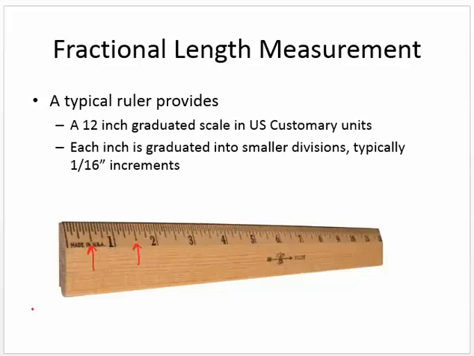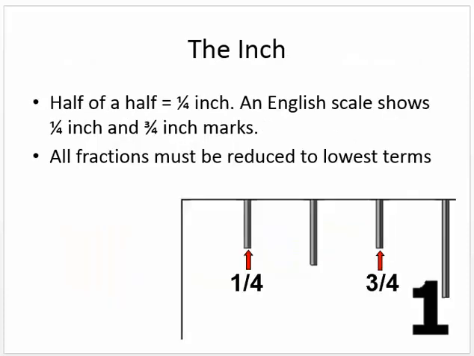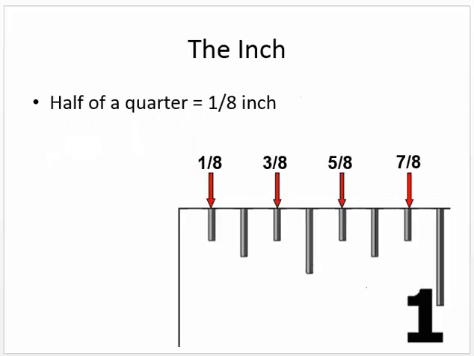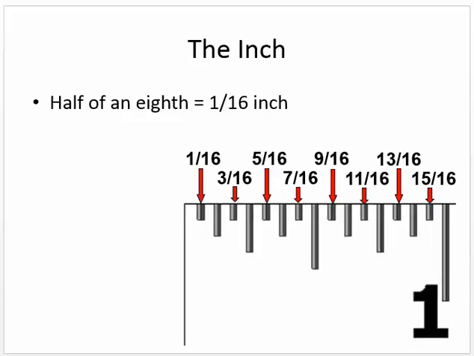Those are marking off in half inches. So this is a half inch, 1.5 inches. This would be 2.5 inches. The next smallest ones are 1/4 and 3/4. Then we go 1/8, 3/8, 5/8, and 7/8. And then finally, they can break that down into sixteenths as well.